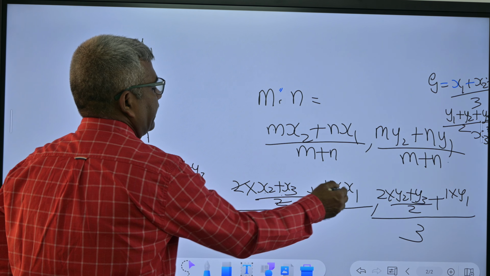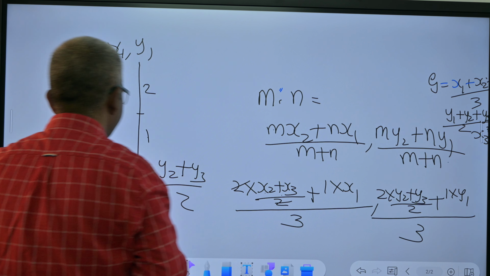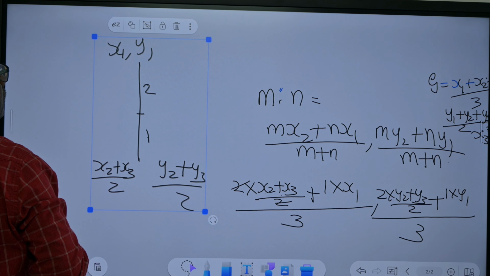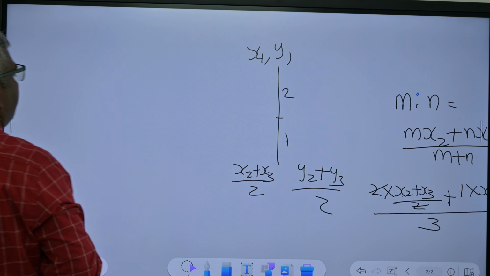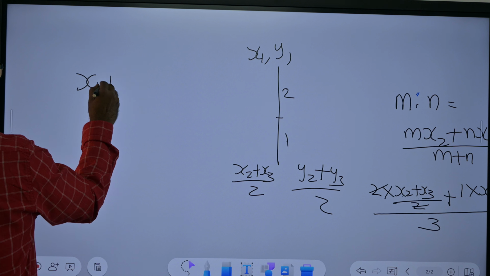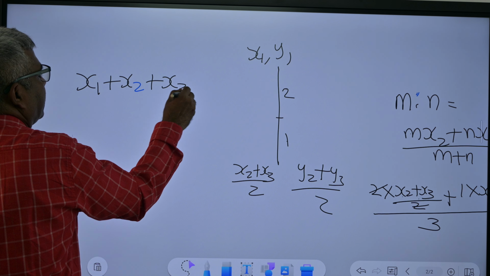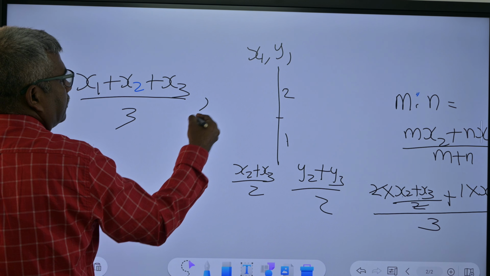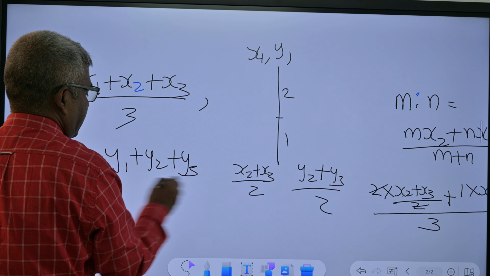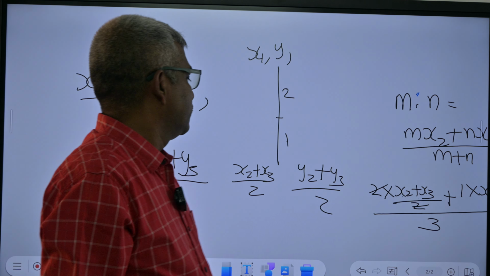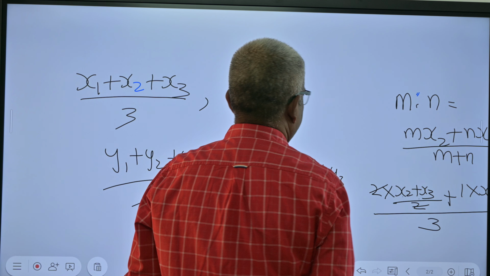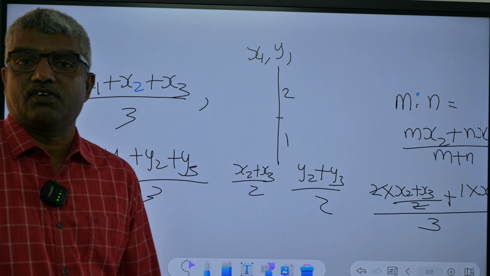This 2 will cancel. We get x1 plus x2 plus x3 divided by 3, comma, y1 plus y2 plus y3 divided by 3. You understand? This is how to find this coordinate.